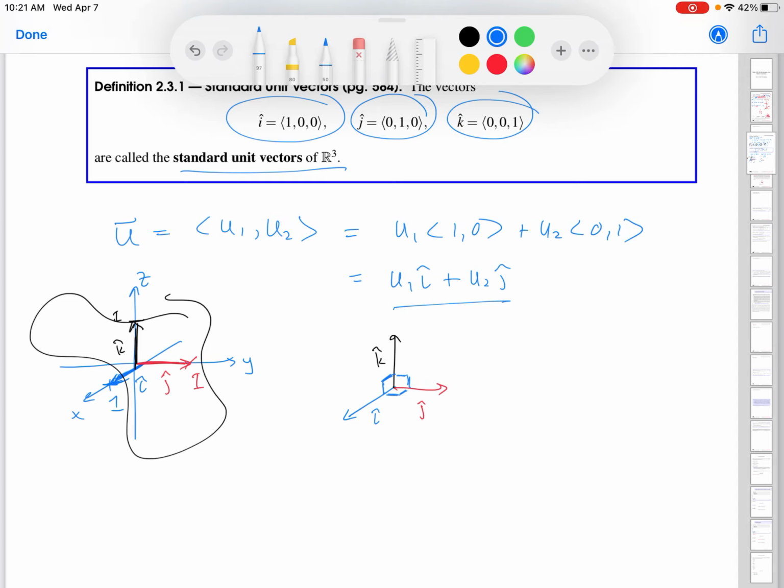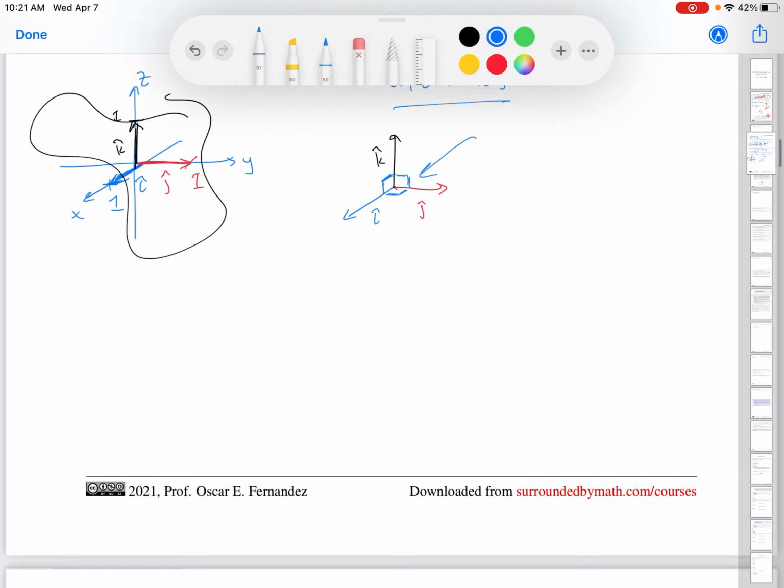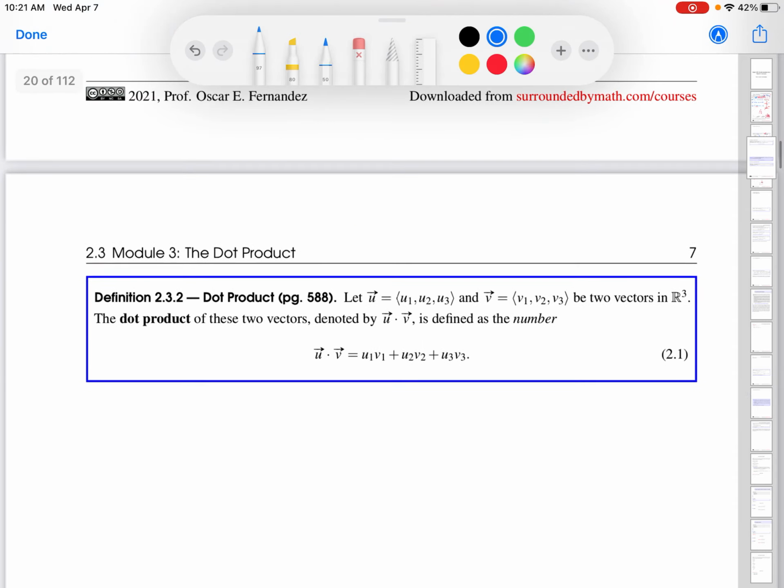I've captured it here in a picture by drawing the familiar notion of a right angle between these 3 line segments, or vectors. But how do we capture that mathematically in an equation or in some concept? So that leads next to the notion of the dot product. I'll go through the definition of the dot product first, and then we'll get back to the unit vectors to see how it captures this orthogonality.